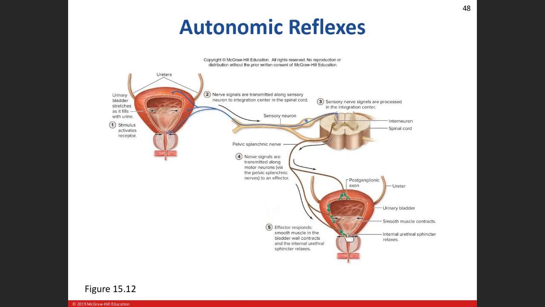While at the same time, it's going to relax the internal urethral sphincter so urine can start to travel out. But the last part of this urination or micturition process involves the external urethral sphincter, and that's in the levator ani muscles. Those are the muscles that make up the floor of your pelvis. And so you relax those, and then urine can leave.